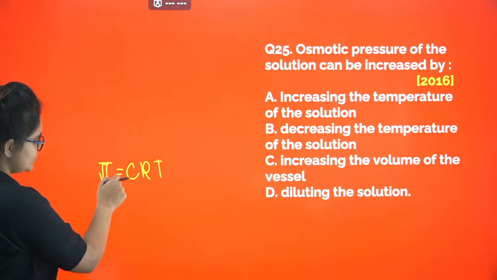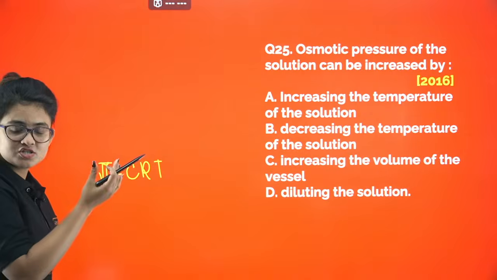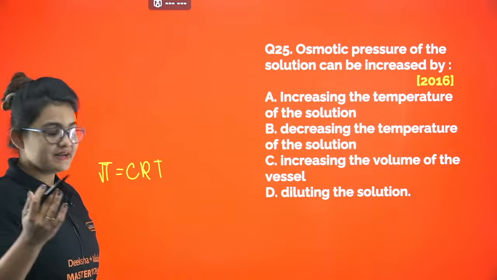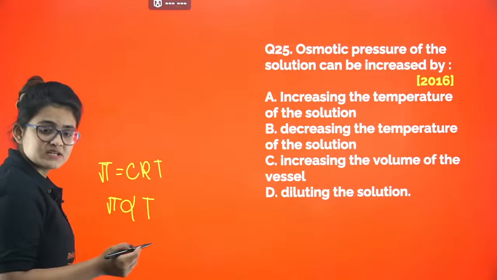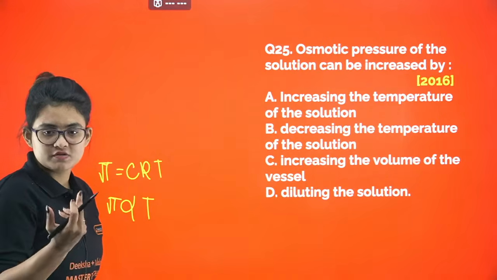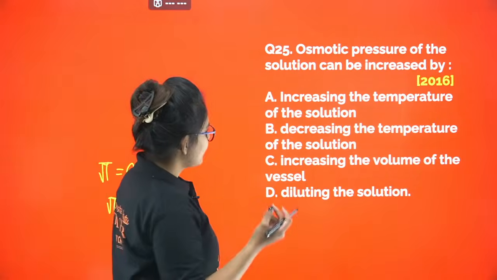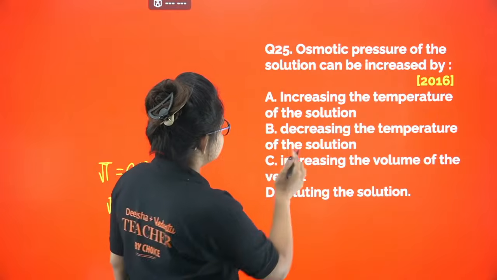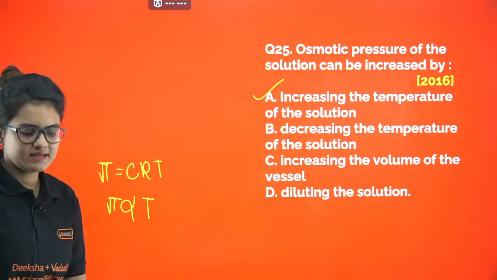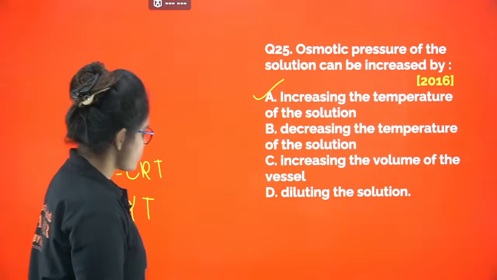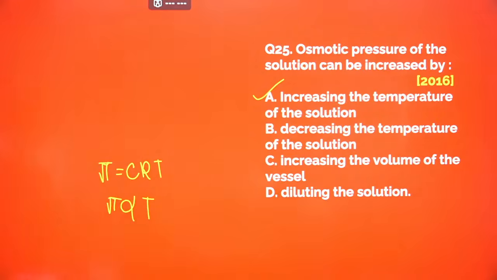Pi is directly proportional to concentration. If you increase the concentration, osmotic pressure will increase. Pi is directly proportional to temperature as well. If you increase the temperature, osmotic pressure will increase. So yes, this is the correct answer: increasing the temperature of the solution. I guess it's clear to you. Yes, let's proceed.